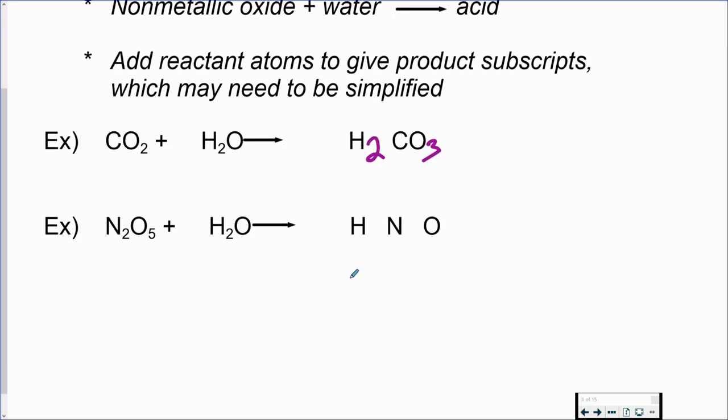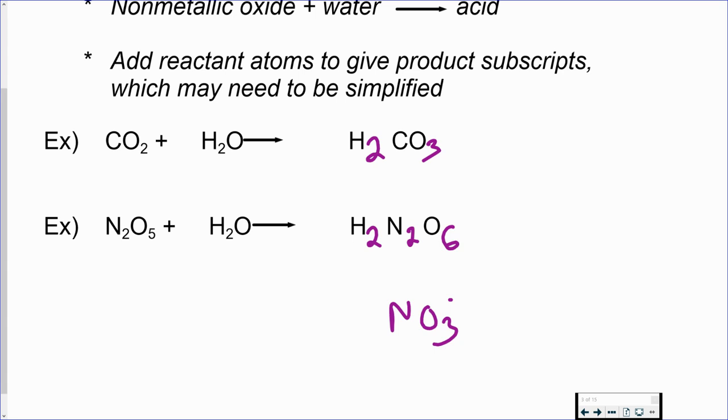The next one, if you try this example, combine them all, you have 2, 2, and 6. Now, what I always tell kids is to look on the back of the periodic table. When you look on the back of the periodic table, nitrate is NO3 minus.